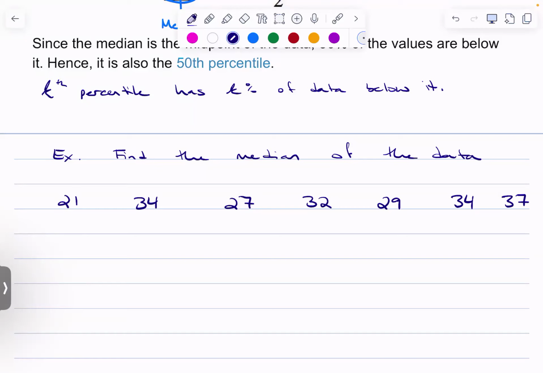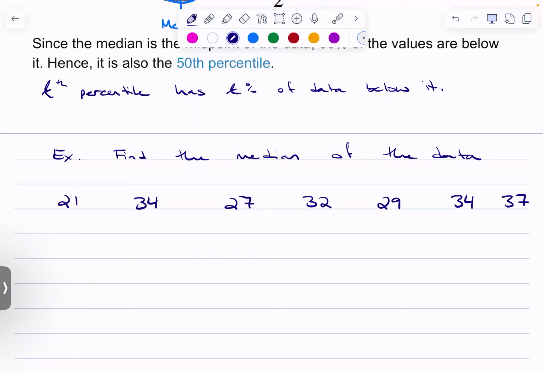It's okay. It was not bad. But good catch. So these could be ages. Right? If we went around the room, how old are you? 21, 34. I know that's not true, but 27, 32, 29, 34, 37. Right?